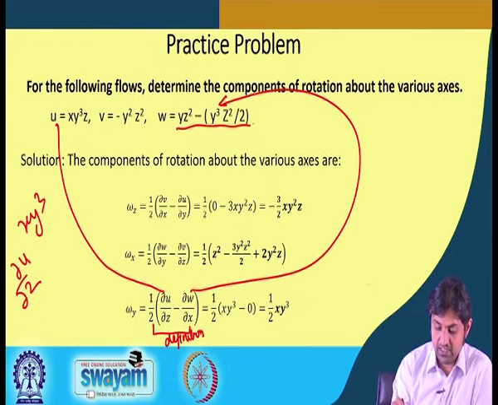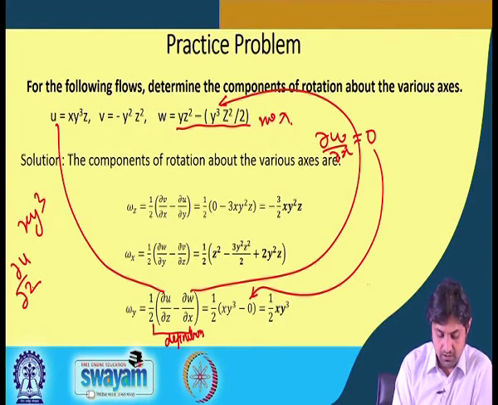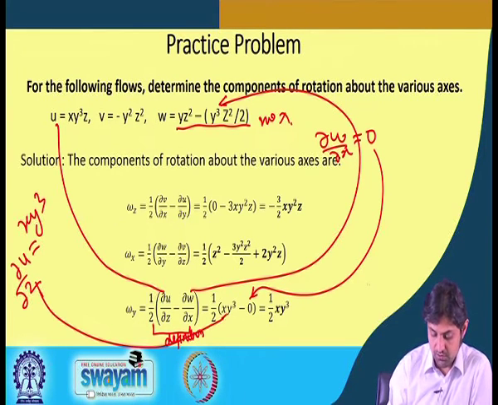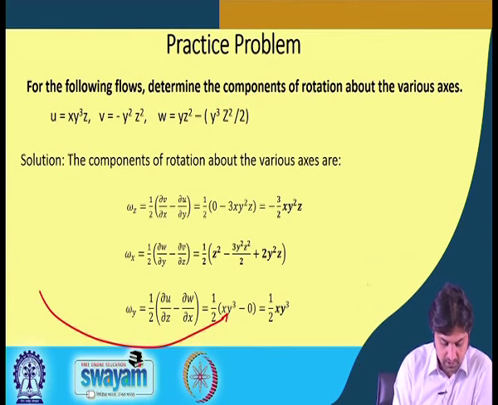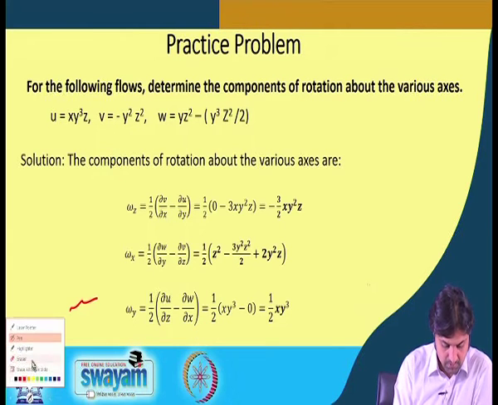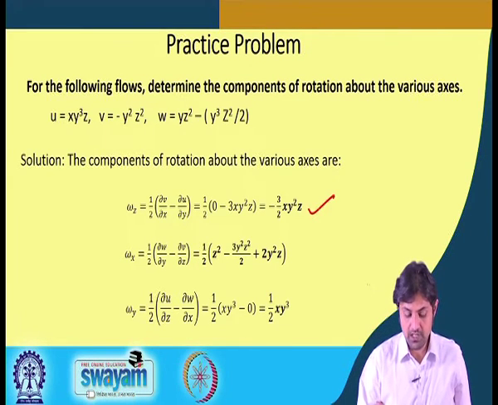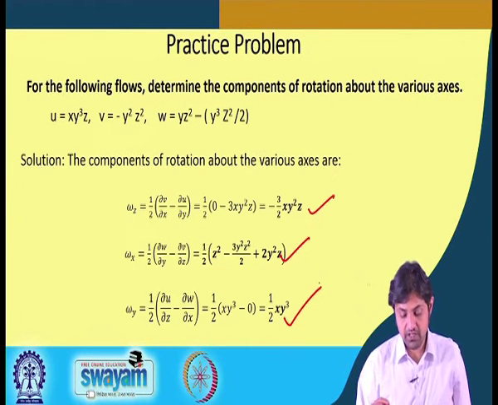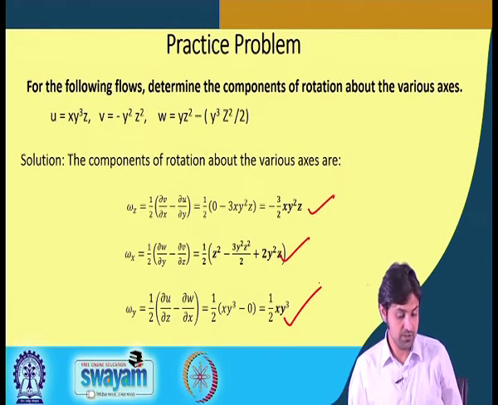So there is no x here, so del w del x will be equal to 0, and this has been shown here. Okay, so I will erase all this ink here. Okay, so we have calculated omega z, omega x and omega y, and this gives us our 3 rotational components.